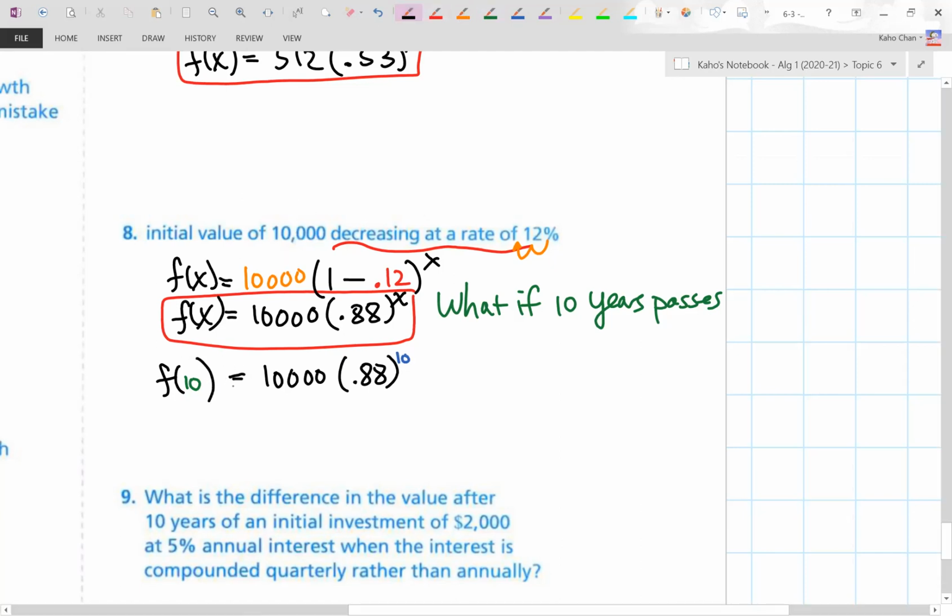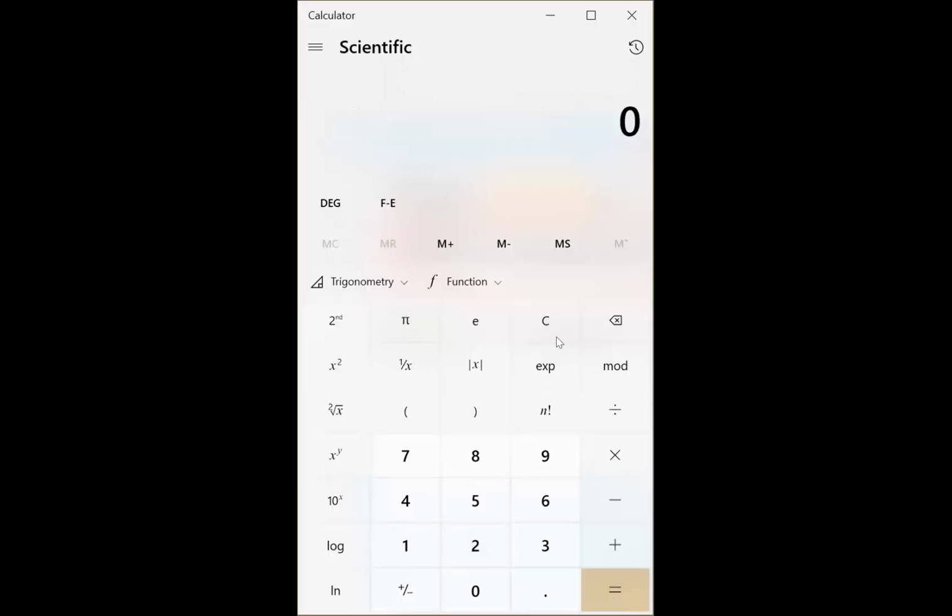Okay, break out the calculator, punch it in, here we go. It's like we're multiplying the 0.88 10 times, basically. Our 10,000 goes down to 2,785.01, round to the nearest tenth. Okay, let's put that in.